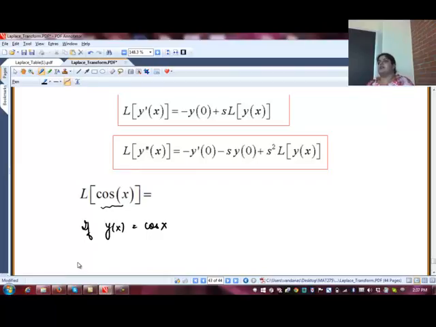I want a differential equation whose solution is cosine x. I think day before yesterday also I gave you a differential equation whose solution was cosine x. Yesterday also we did a problem whose solution was cosine x.